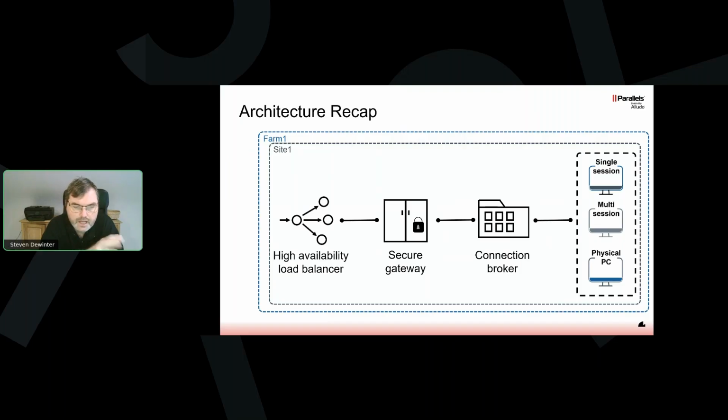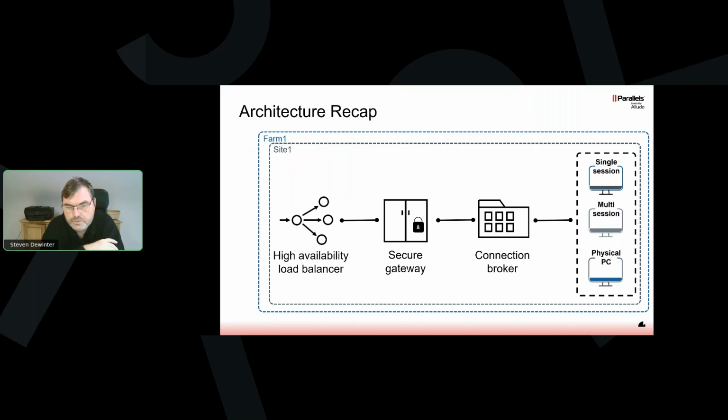Typically, either you're using your own third-party load balancer. For example, if you're deploying on Azure or any of those cloud platforms, you can use an existing cloud load balancer from the hyperscaler. Or if you're deploying on premise, you can, for example, use the built-in high available load balancer from Parallels.